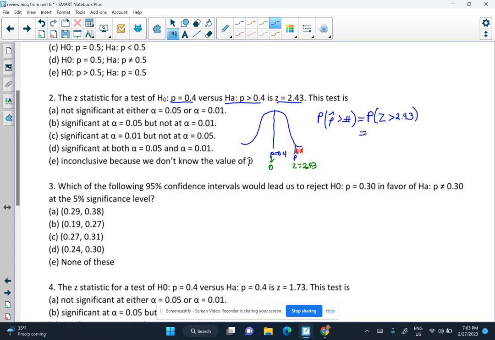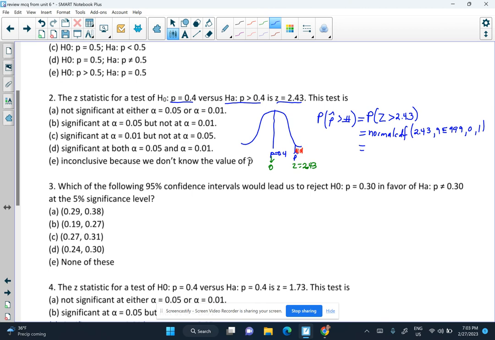And so now you would just use your normal CDF. So we have to do this by hand. We can't enter the whole thing into the calculator like we normally do with the stat test. And we're going to the right since it's a right-tailed test.